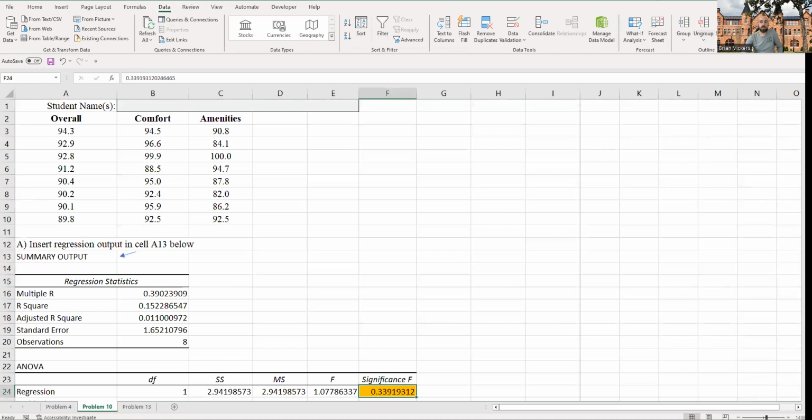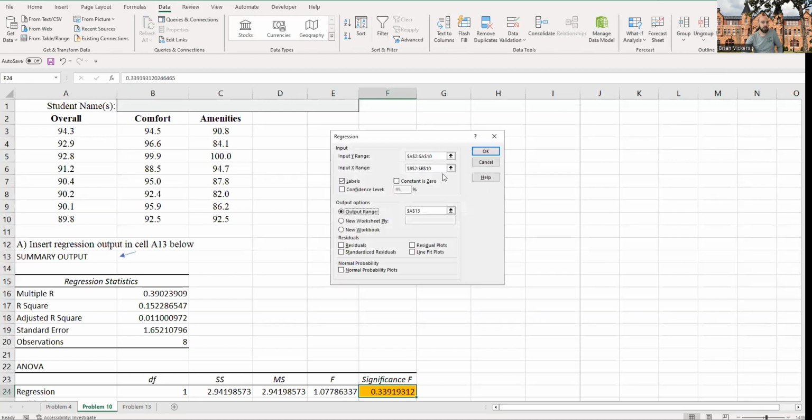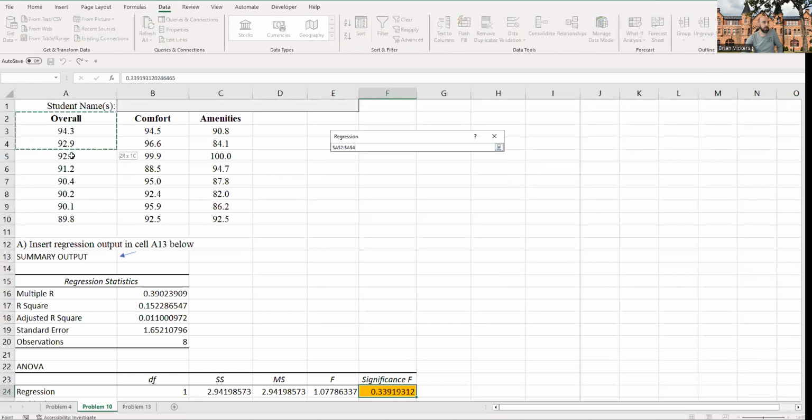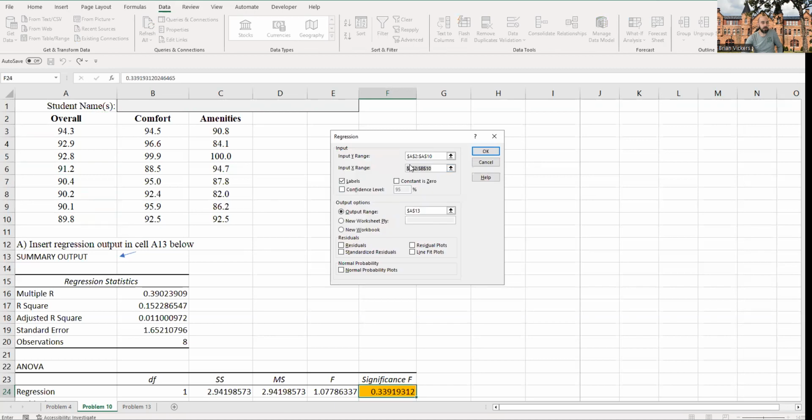We're going to go to data analysis, regression, and our y input range. I'm going to highlight it again every time. And when you have multiple variables, select all of it in one go. For this reason, there's going to be a problem in this problem set where you're going to have to rearrange the variables, because you're going to run regression something like 4 times total, choosing different X variables each time.